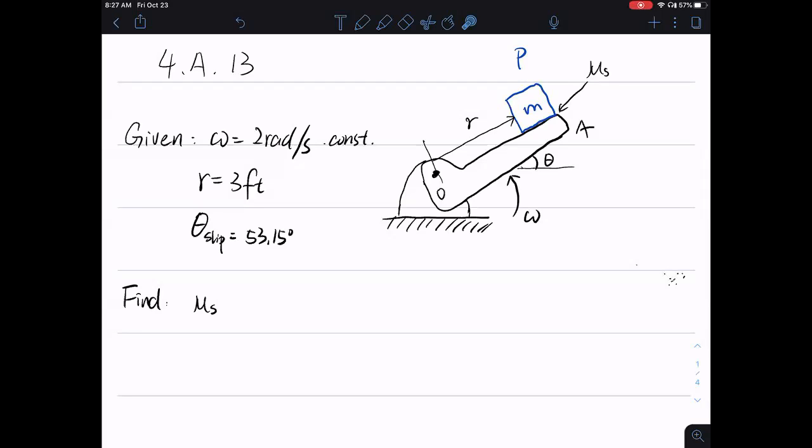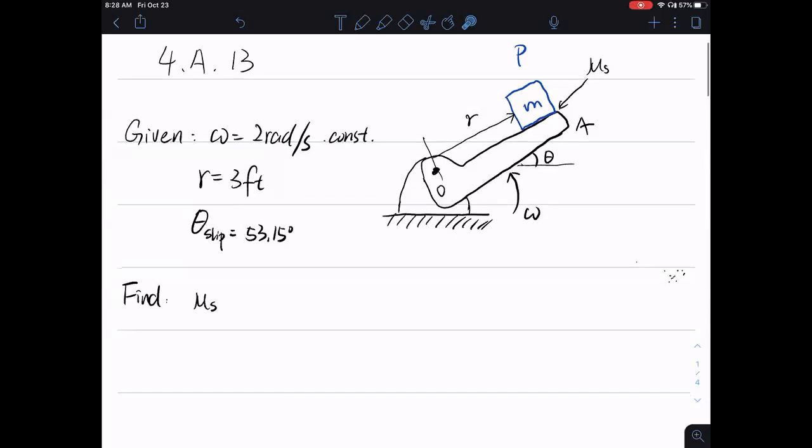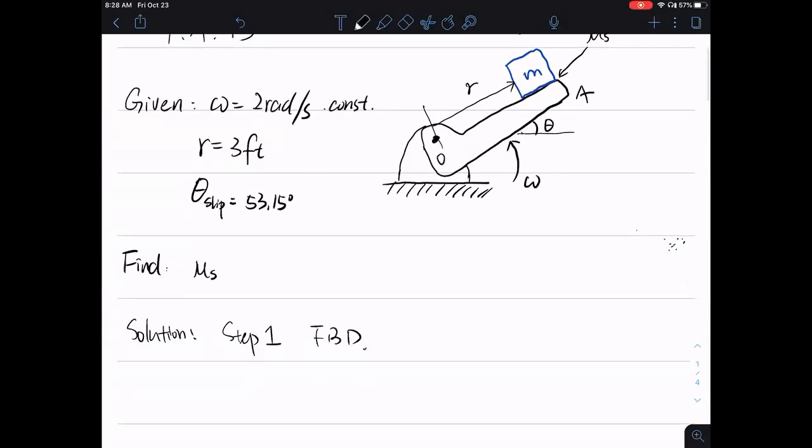The arm doesn't really do much. So you only need to do the free body diagram for block P. Step 1, free body diagram for block P.